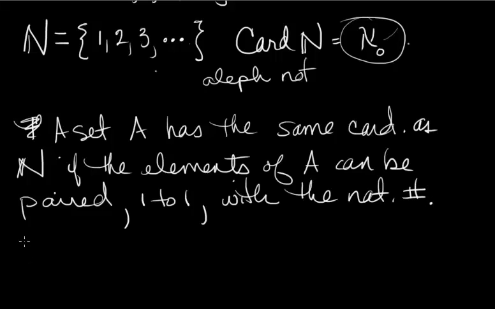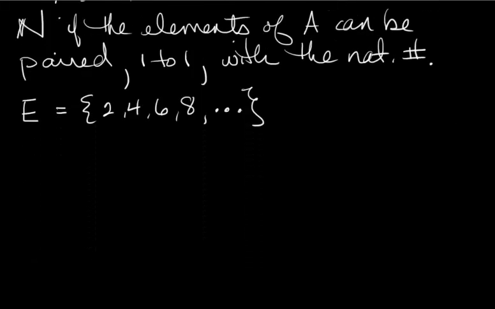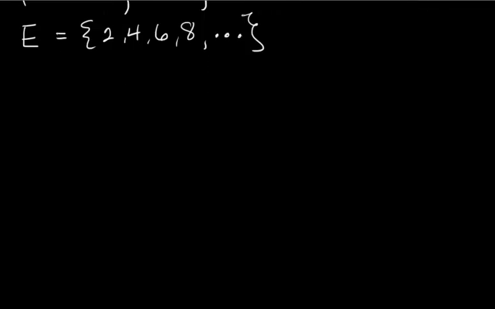For example, if we call E the set of even numbers, 2, 4, 6, 8, and so on, all of the positive even numbers, we could say that E has the same cardinality as N. Now, I could prove this by saying, well, I can take 2, 4, 6, 8, and so on, and I can pair them with 1, 2, 3, 4, and so on.